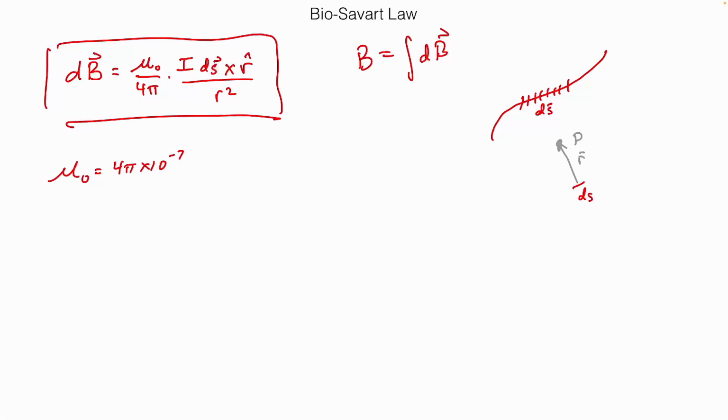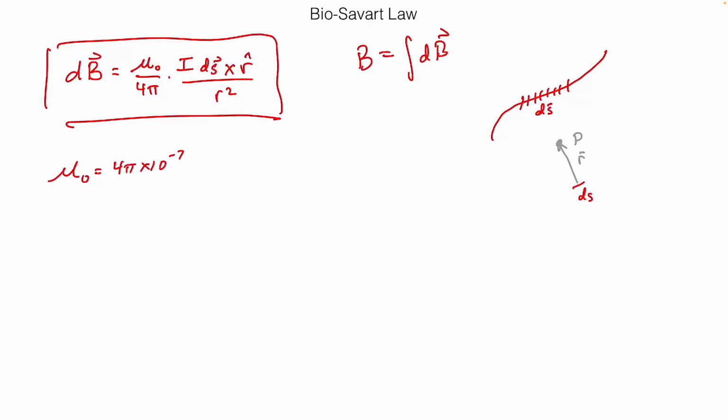Where you're looking for it. At any point around this little tiny piece of current, I want to know the magnetic field. Up close, far away, infinitely far away, right up next to it. It varies, but it's the distance from my little tiny piece of current outwards into space.